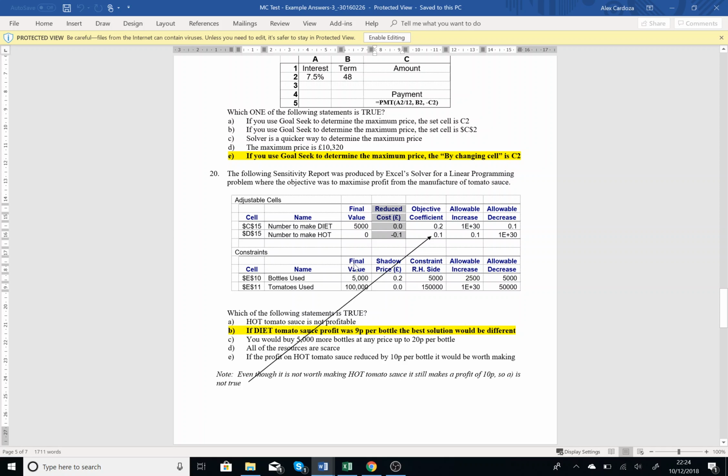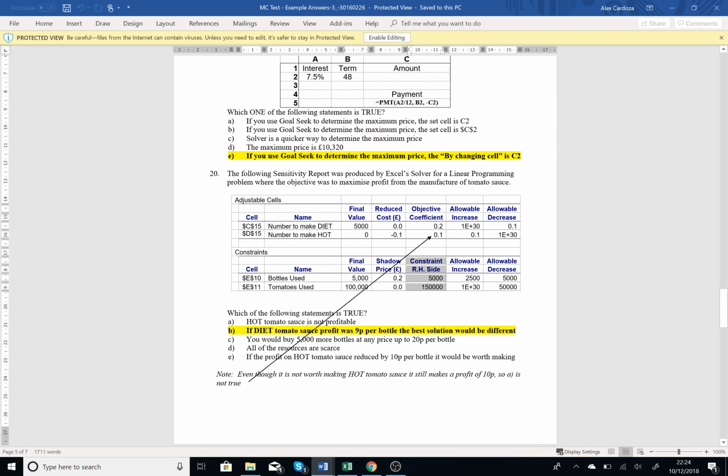And these are your constraints. These are the adjustable cells, so these are what you're trying to maximize, how much you're producing of something. These are the constraints that you work with. The only time something's actually a real constraint is if it's got a shadow price. If there's a price here, then it's a constraint, and that tells you how much of a constraint it has.